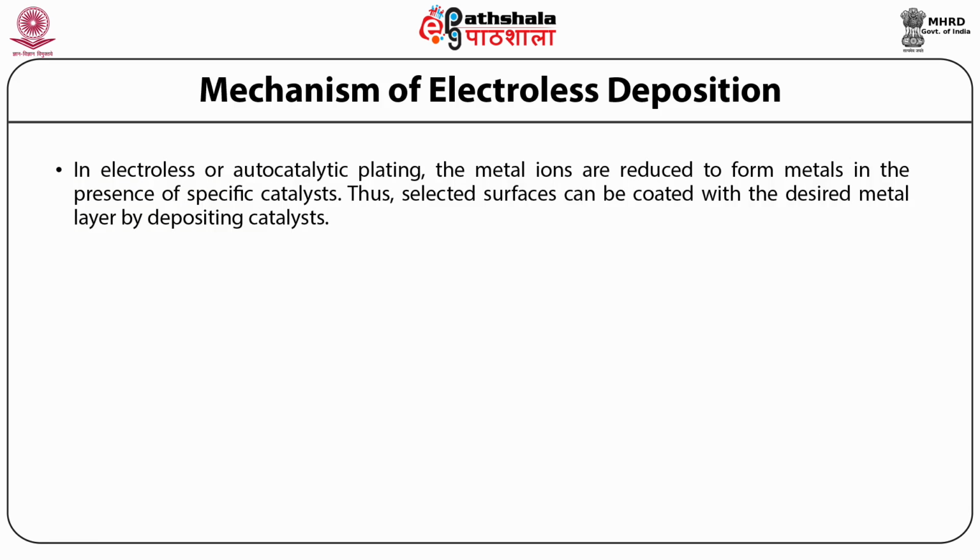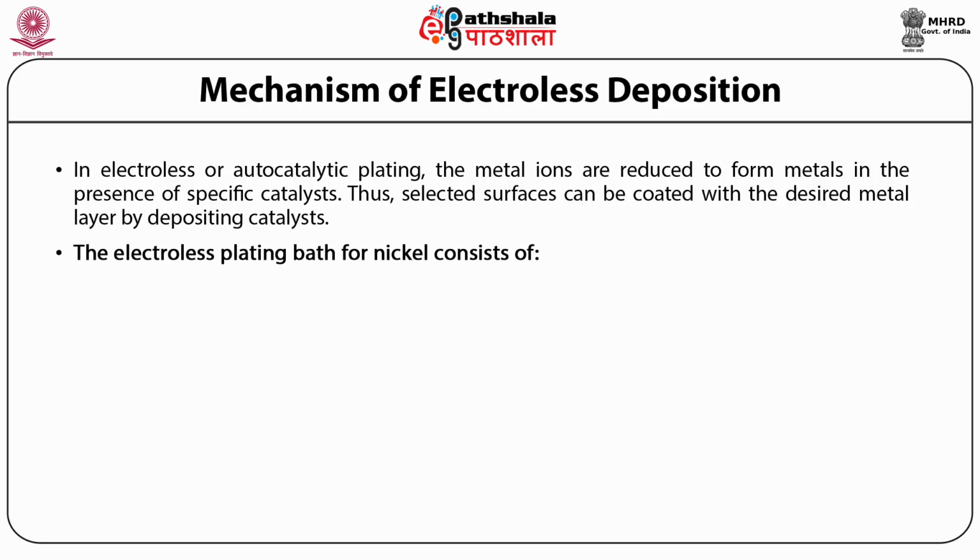In electroless or autocatalytic plating, the metal ions are reduced to form metals in the presence of a specific catalyst. Thus, selected surfaces can be coated with the desired metal layer by depositing catalyst.